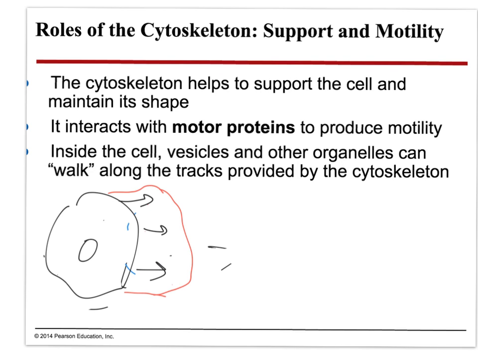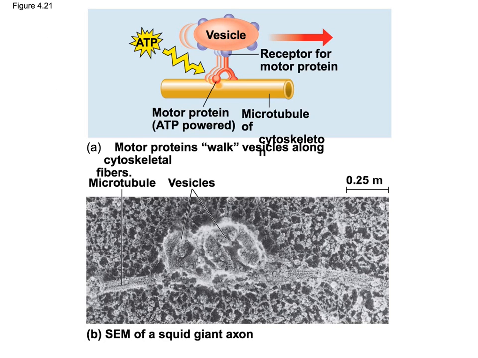Motility. Okay? How cells move is dependent upon this. How things within the cell move also depend upon these. Okay? So if I have a cell, here's our cell, right?